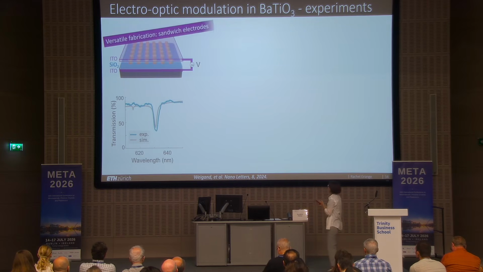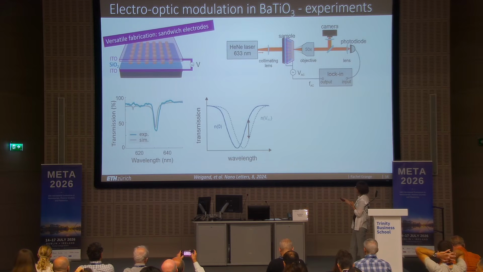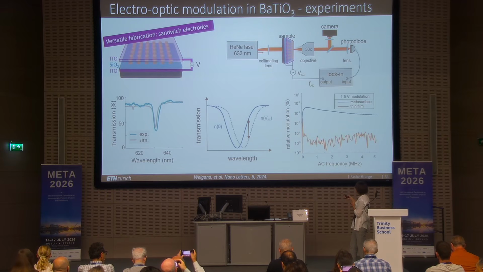So that's the purpose. And of course, here we are still using resonances in that case. And what you get is, again, the modulation of this resonance by applying a DC field. And what we are measuring is relative modulation now on the order of 10 to the minus 2 to 10 to the minus 1.